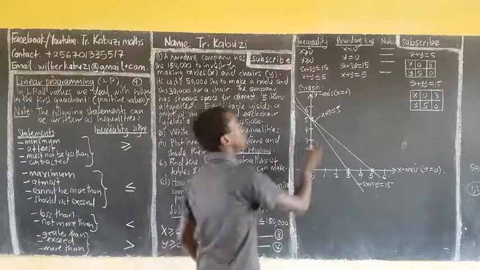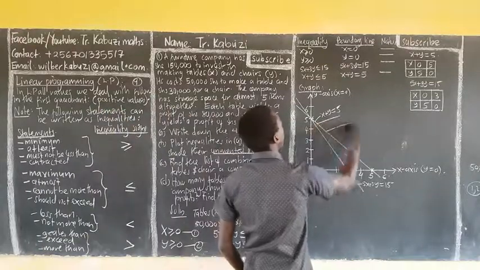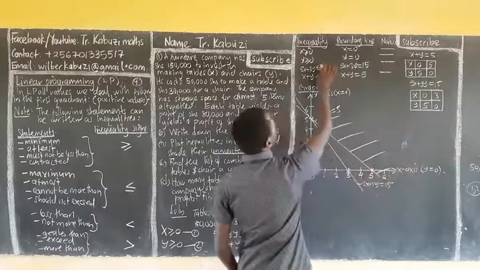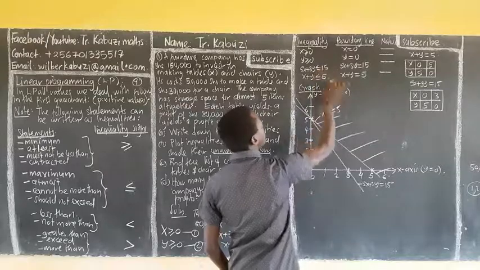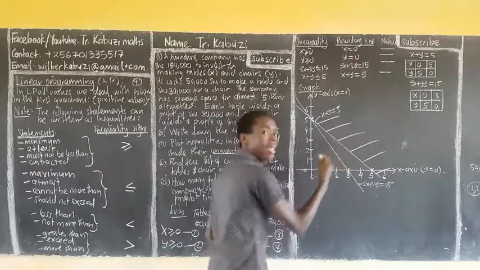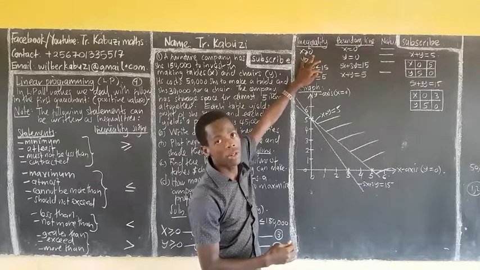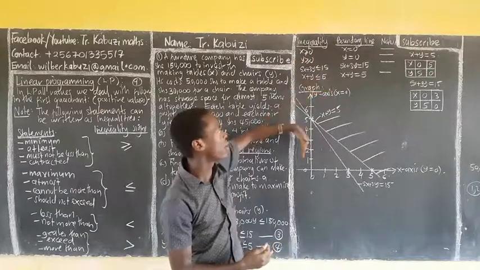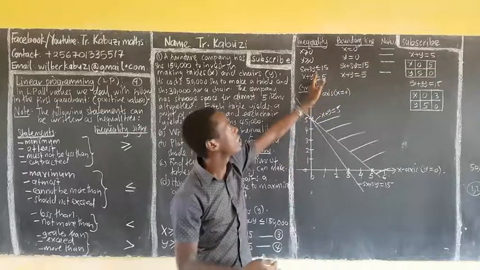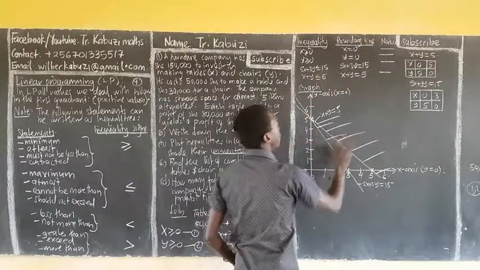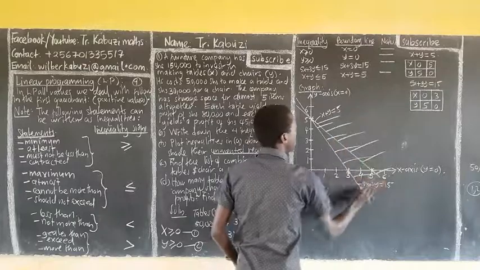Meaning the unwanted region is just the region which is going to be above them. We base on the signs. We said when you have less than, it means the wanted is always below, even if it is less than or equal to. The wanted is always below, the unwanted is always above. So we shade the unwanted above them like this.